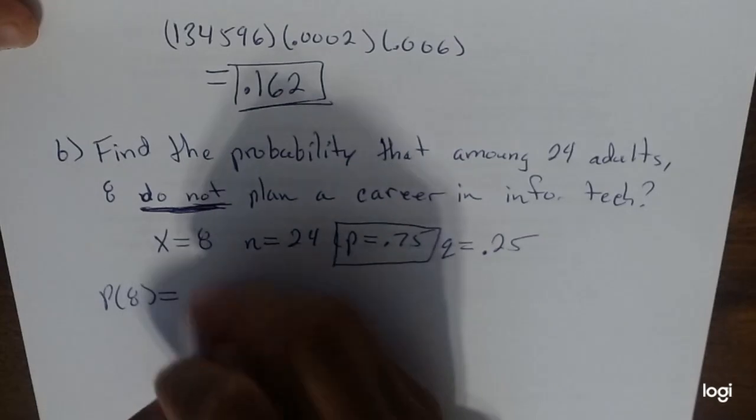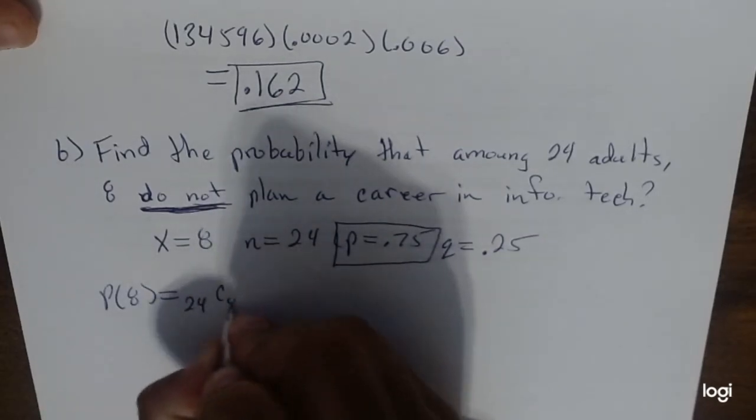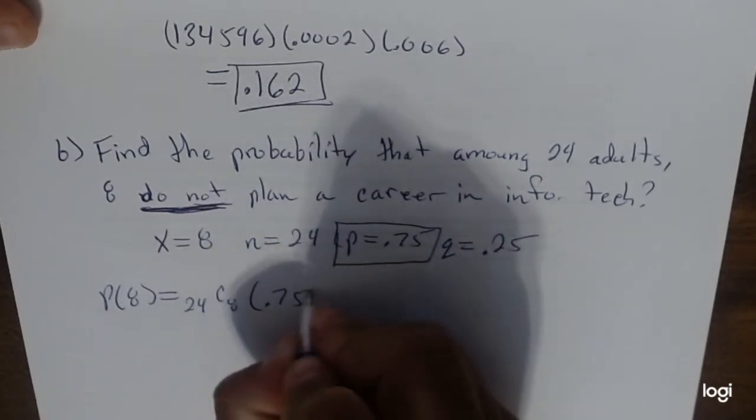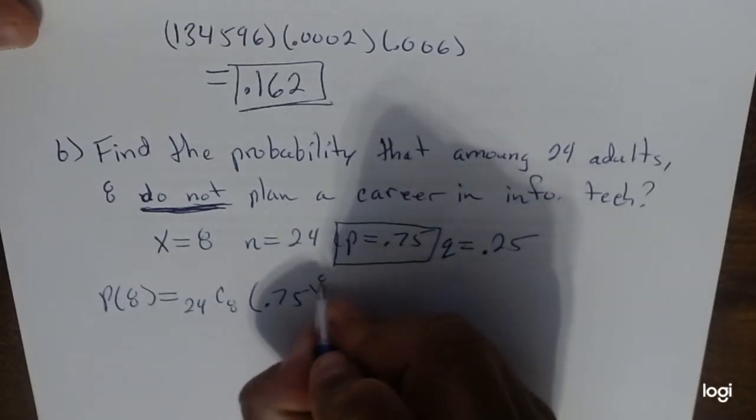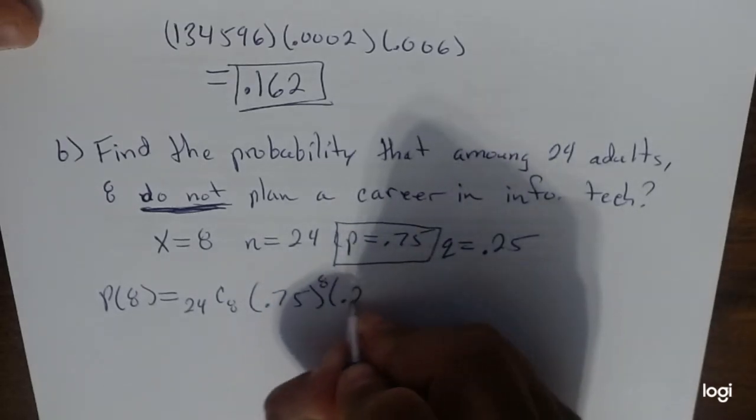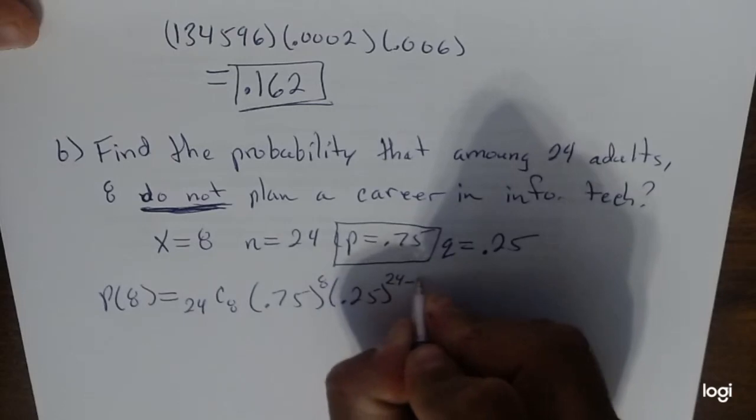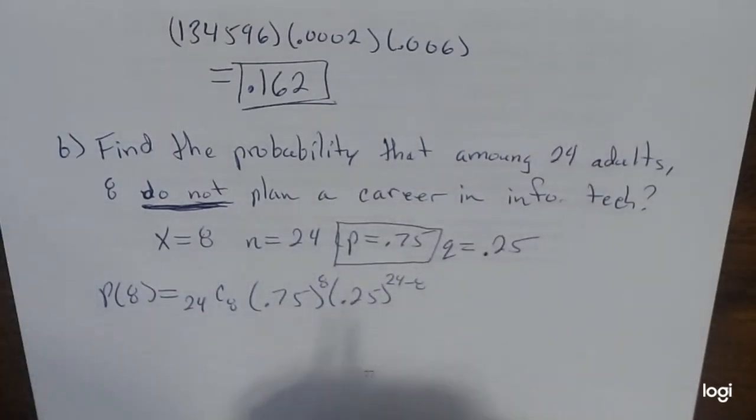Okay, so in this case, P(8) would be 24 choose 8, times success, 0.75 raised to the 8th power, and then 0.25 raised to the 24 minus 8th power. Okay, so quickly finishing this up.